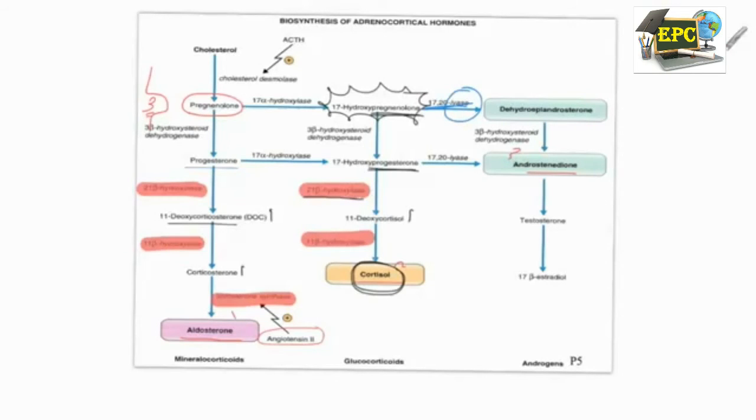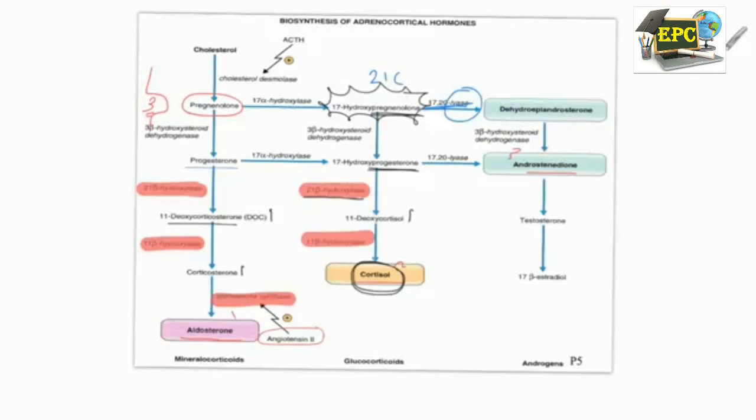So until now, all the intermediates and the hormones that we have discussed are 21 carbon molecules coming from a 27 carbon cholesterol molecule. But now in the androgen pathway, we would reduce this number more. The 17-hydroxypregnenolone is also a 21 carbon molecule.